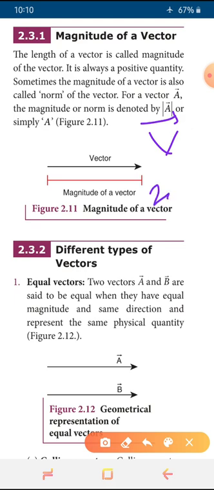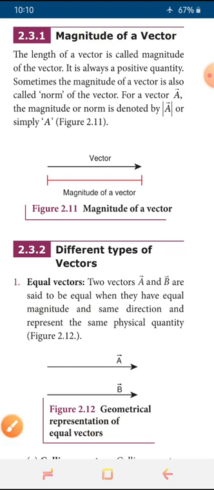Say velocity 20 m s^-1, its magnitude we can write as 20. And this is always represented in the positive way, along the positive. So there is no negative quantity in this.